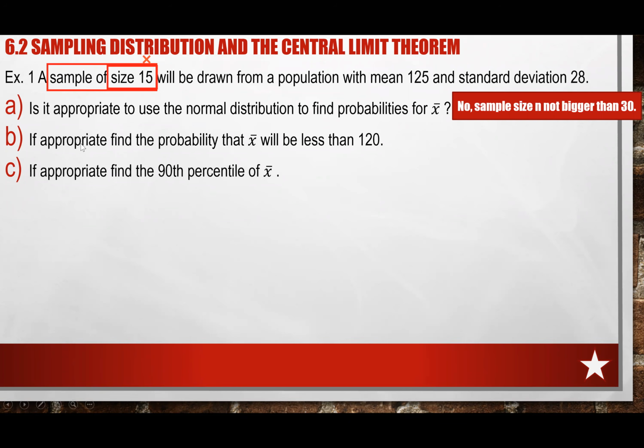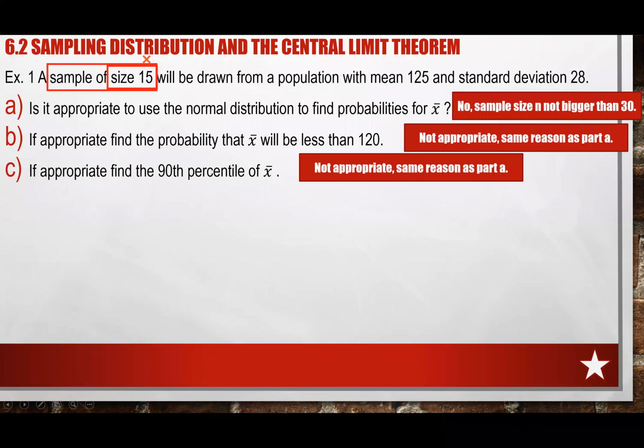Is it appropriate to find the probability of X less than this? Same thing. We cannot, because the sample size is not bigger than 30. And again, is it appropriate to find the 90th percentile, which is the inverse norm? Same thing. We cannot do it, because the sample size has to be bigger than 30.